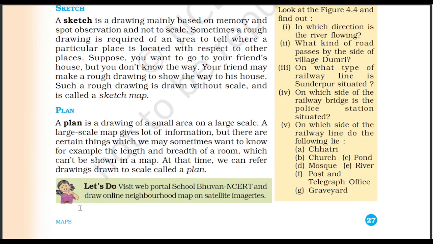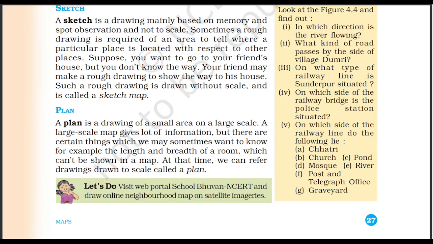Plan. When you are going to plan something developed on earth, such as a city, village, block, even your house or your field, that is called a plan. A plan is a drawing of a small area on a large scale.